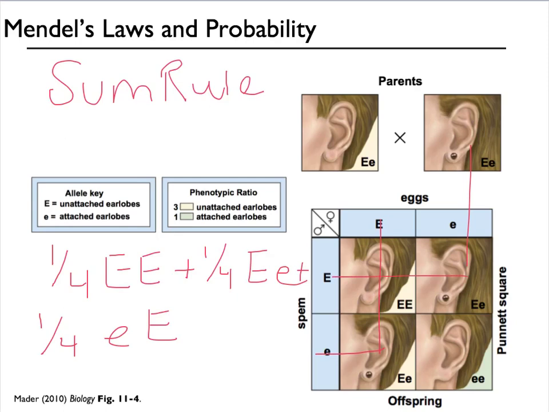So there's 2 different ways to look at it. Now we normally don't write little e then big E in that convention, but in this case I'm just illustrating that we have 2 possibilities of how an individual could end up being heterozygous.